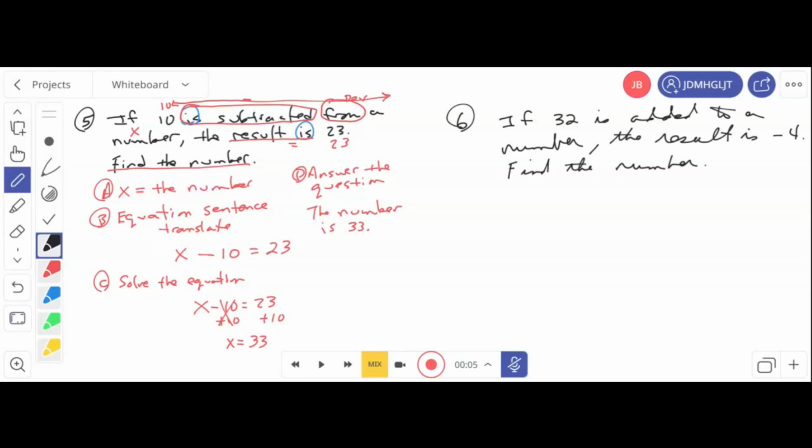All right, let's take a look and see. First thing we do is define our variable. We're looking for a number, so I'm going to call that number x.